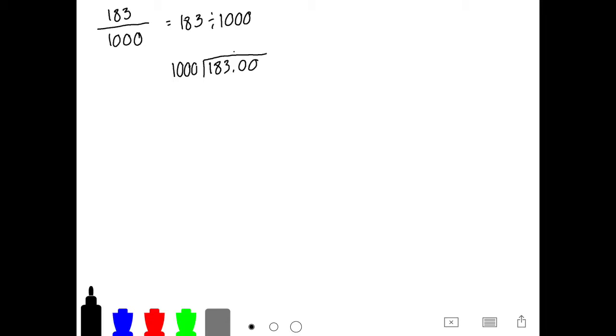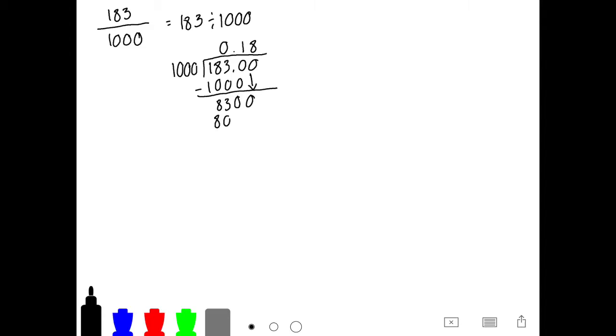Break your decimal. 1,000 goes into 183 0 times, but 1,000 goes into 1,830 1 time. So you multiply 1,000 times 1, get 1,000, and then subtract. You get 830, but bring down your 0, and then 1,000 goes into 8,300 8 times.